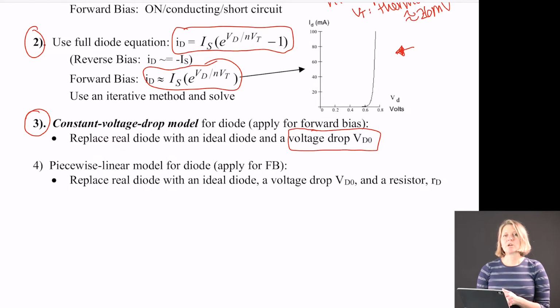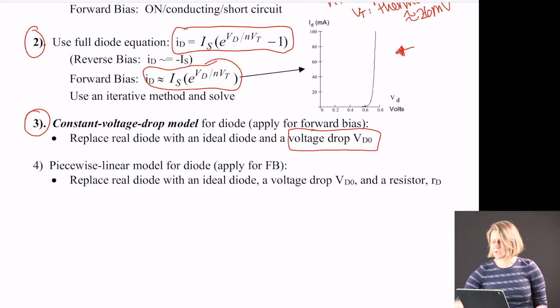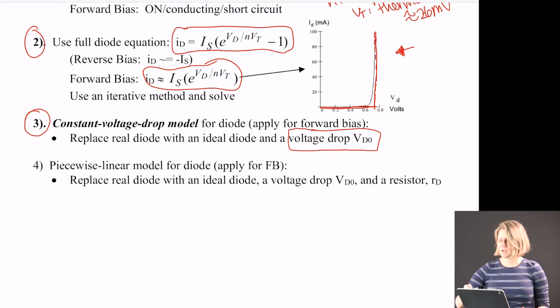This gives us a more accurate approximation where it just looks like a line approximation. When it's on, it's at a fixed voltage on your V_D, and then your current can pass through it. We don't model the passing through it in an exponential form. We just say that it constantly goes through it once it's turned on. So this is the easiest one to do by hand.